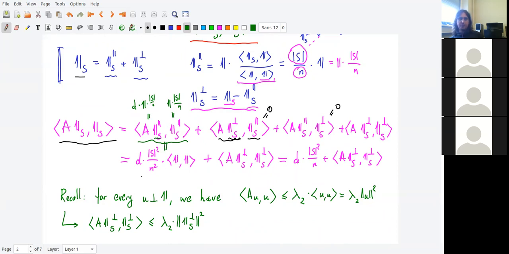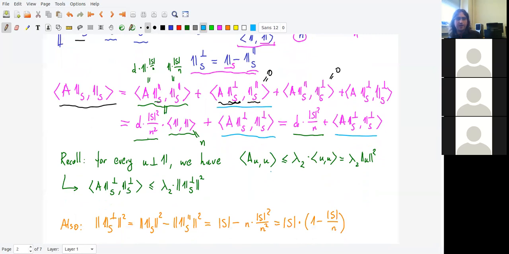I can move this D times S squared over n squared in front, and I end up with the scalar product of 1 with itself, which is just equal to n. So I end up with this term here, and the remaining term that I still need to understand is this scalar product of the perpendicular part with itself.